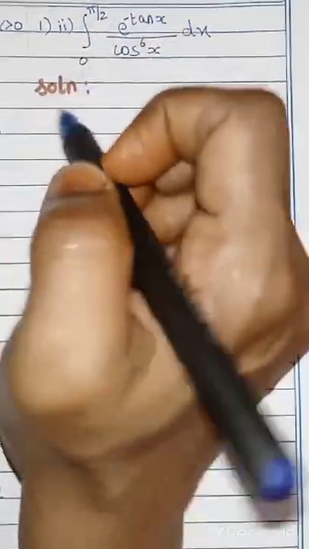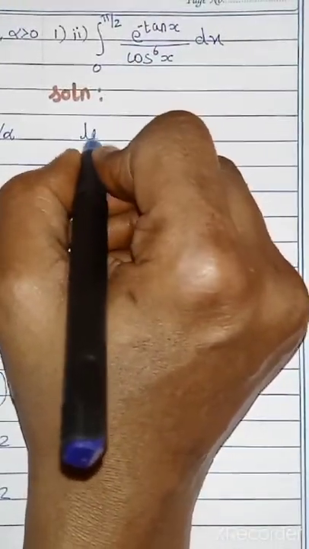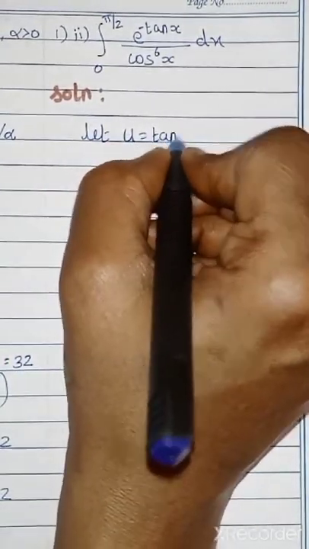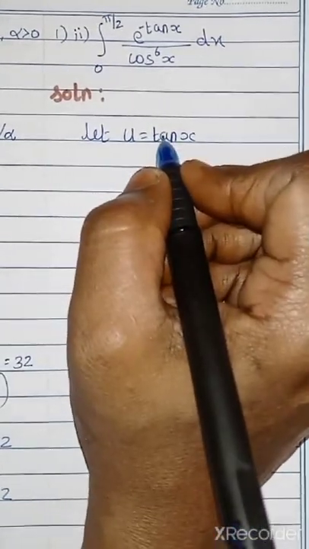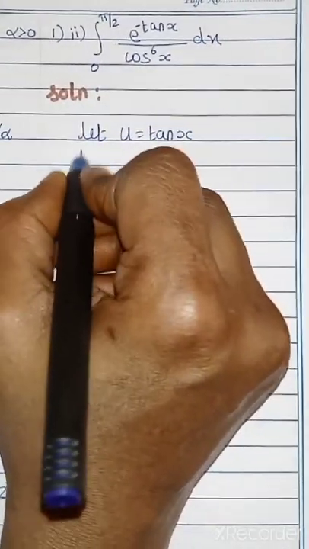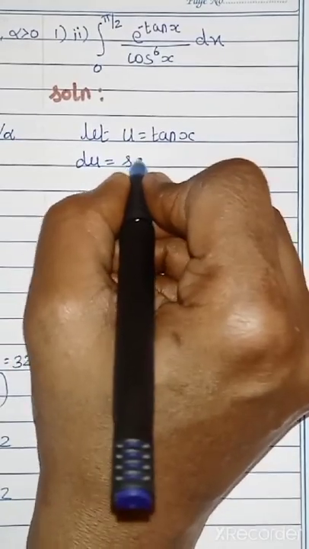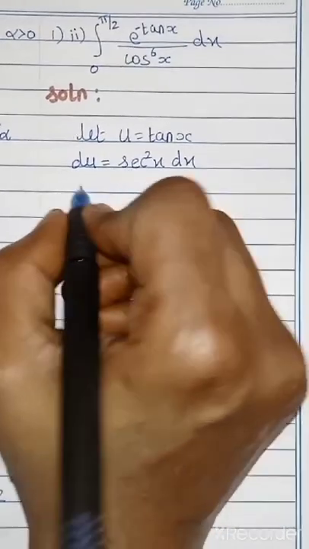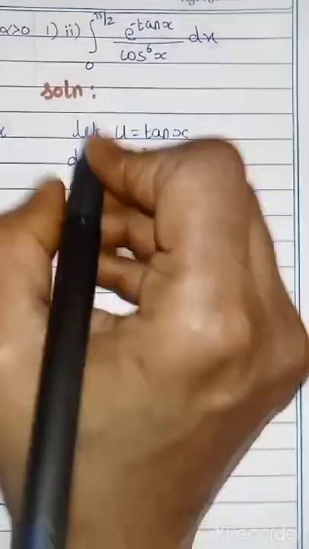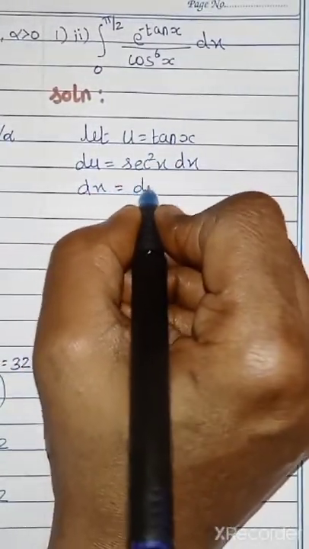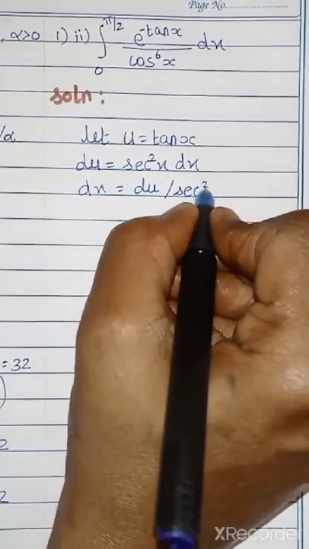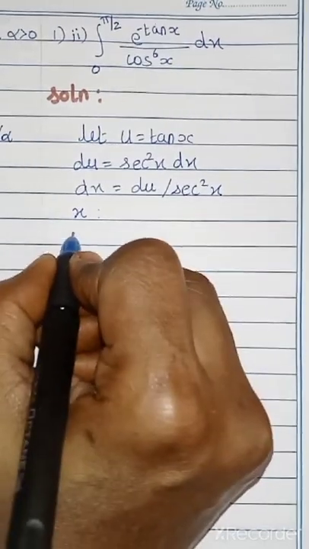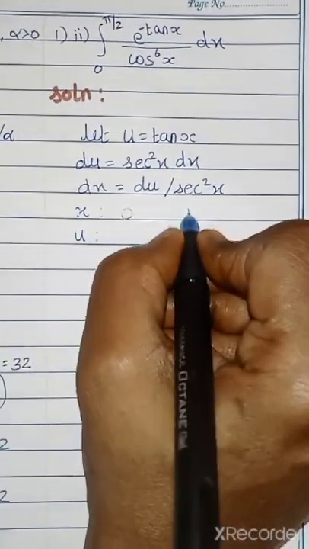So for rewriting the question, we are using substitution method. Let u equal to tan x. Now we have to differentiate this. Du equal to secant square x dx. From this, dx equal to du by secant square x. And if you use substitution method, you have to change the limits. Here it is 0 to pi by 2.